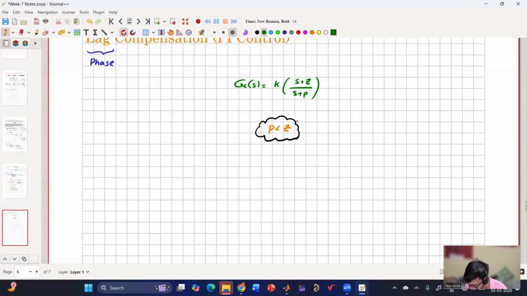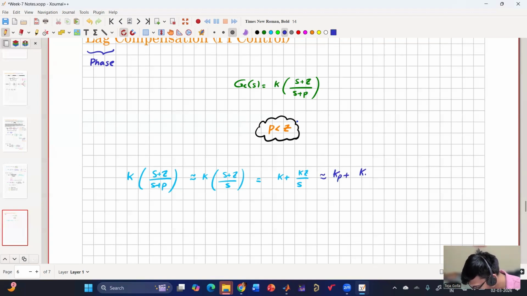So then we can say K into S plus Z by S plus P. Say the pole is very small, I can consider this as K into S plus Z by S. So now we will get K plus Kz by S. This can be written as Kp plus Ki by S, right?